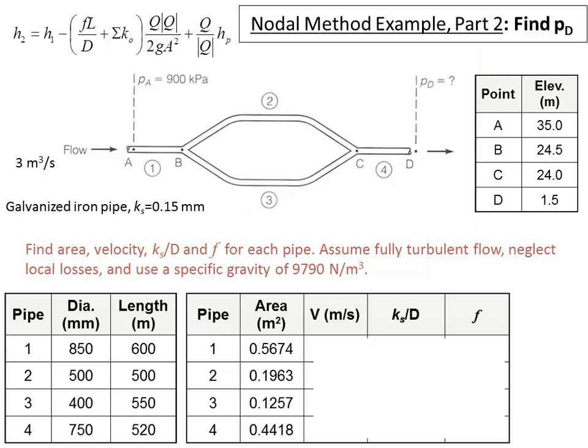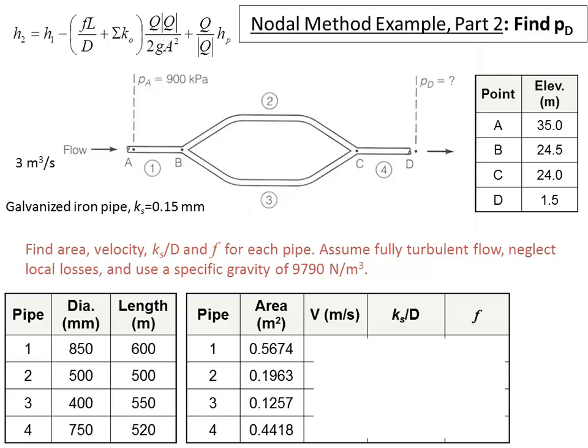And so we did all of that through pipe 2, and then we related it to everything through pipe 3. Once we know the flow rate through each of the pipes, then applying the modified version of the energy equation to find the head at some location is relatively straightforward.